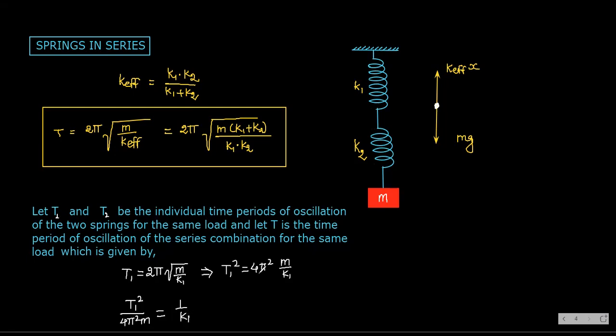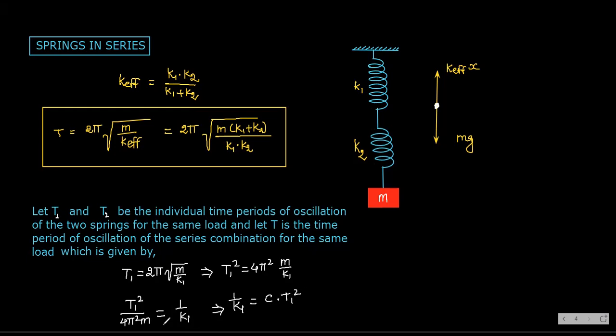So yeah, 1 by k1, what we got? T1 square by 4 pi square m. And that implies, therefore, can I write like this? 1 by K1 is equal to C into T1 square.